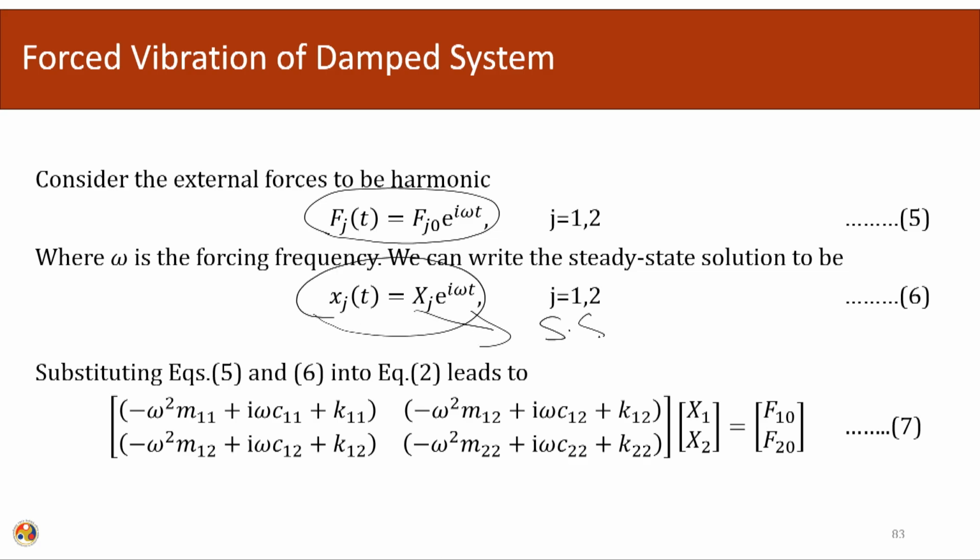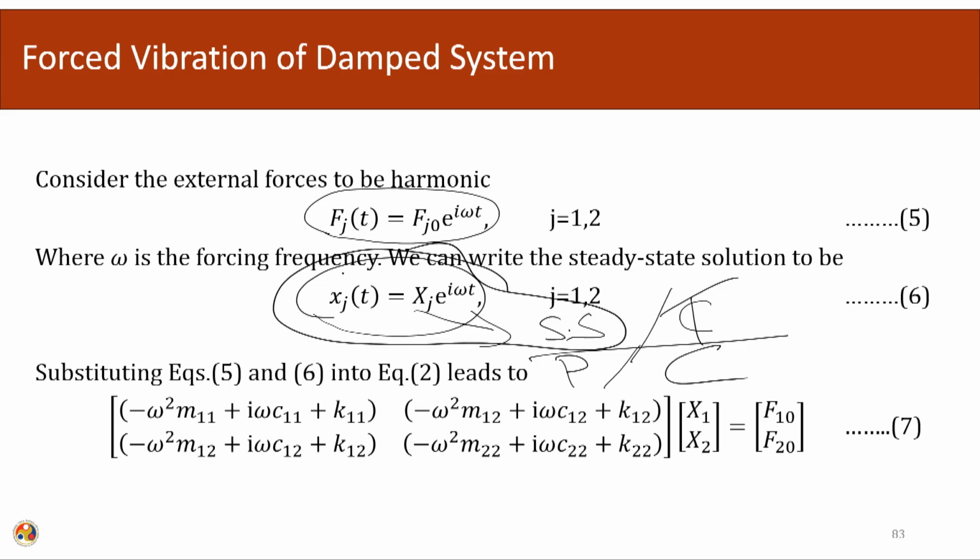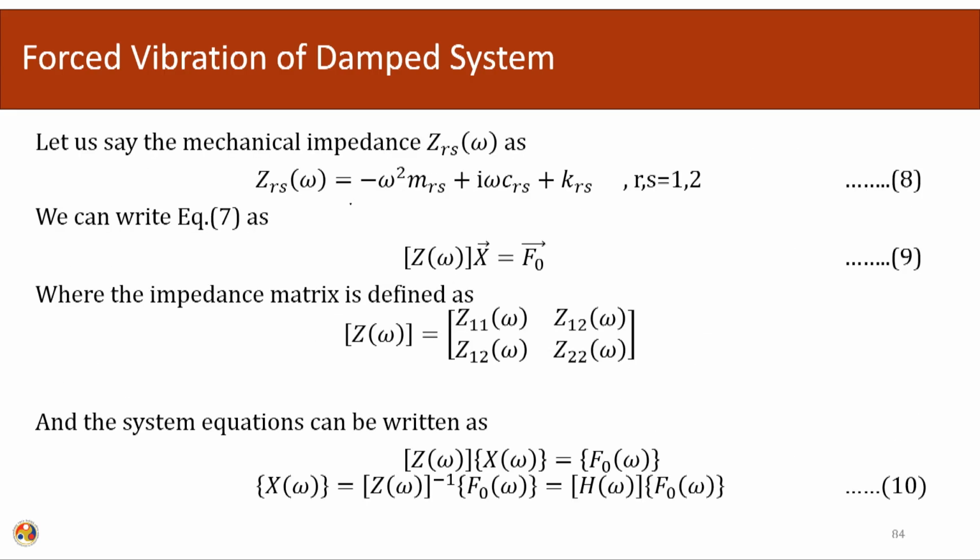Remember, we have 2 parts of the solution, steady state and transient, or particular and complementary solution. This is the steady state part. We are assuming that the steady state part mimics the forcing function, and the transient part we have already seen, where we put f equal to 0. Then we substitute this back into our equations, and we write down the solution in this form.